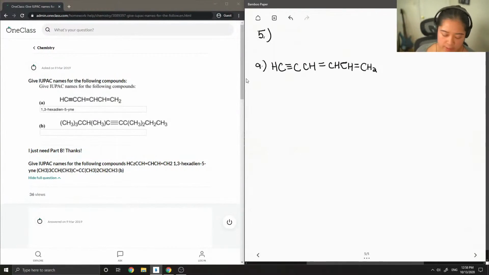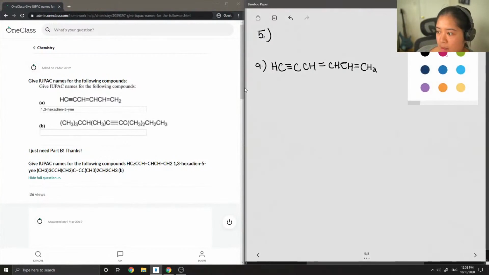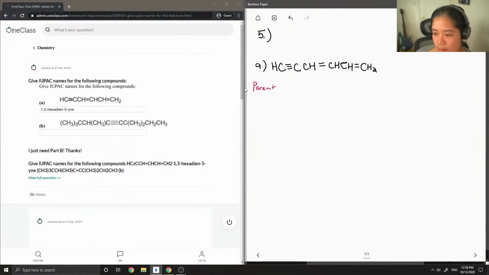Okay, so the first thing you want to do when you want to try to name compounds like this is to think of what my teacher told me was called the parent rule. So basically what the parent rule states is that the longest chain of most important things will be your parent.